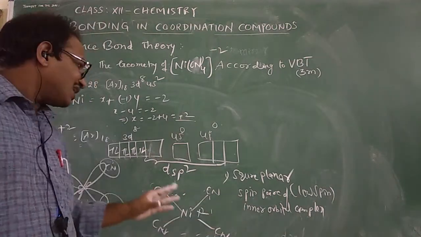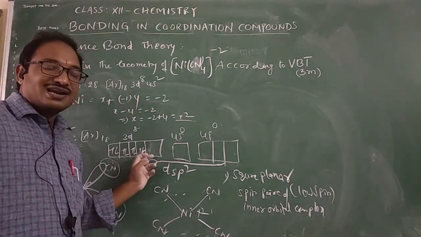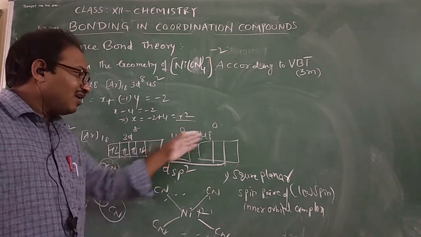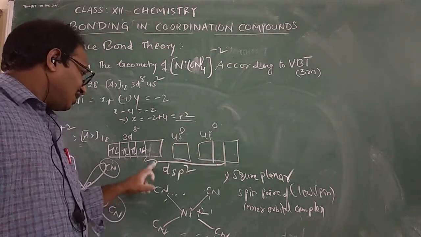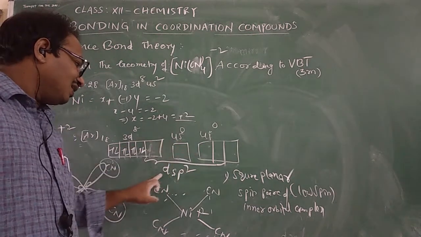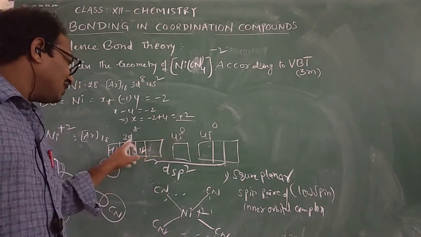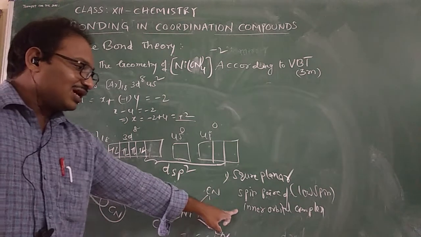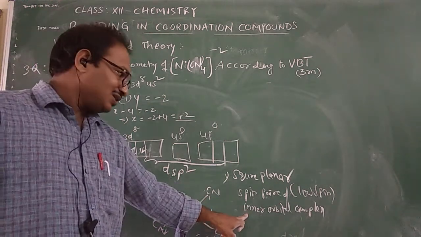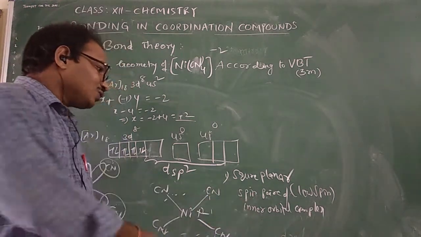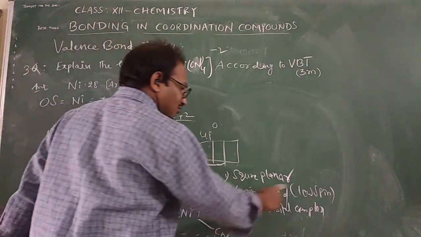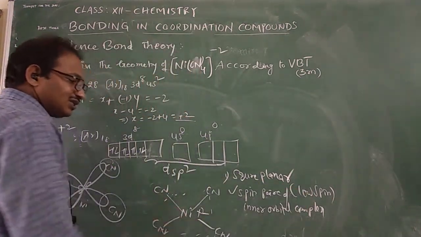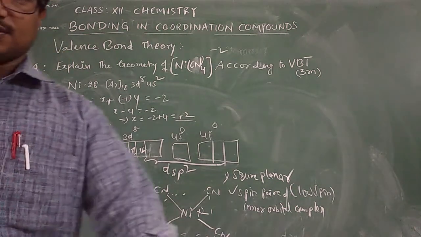When weak ligands are there, the electrons cannot get rearranged, and they have to go for an outer hybrid orbital. Here, d, s, p, that is 3d, 4s, 4p, the inner orbital is involved. So this complex is called an inner orbital complex, a spin paired complex or low spin complex. All electrons are paired. This is the way you have to write.